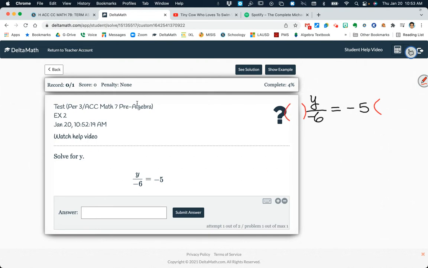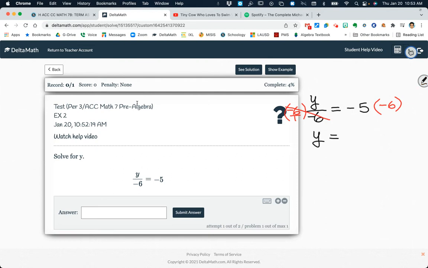And the number we're going to multiply by is negative 6. Again, think of it as negative 6 over 1. We're multiplying a pair of fractions, right? We can cross cancel. And I'm just left with y.